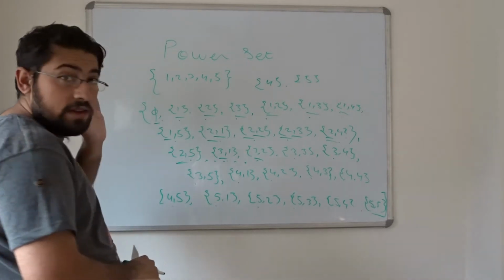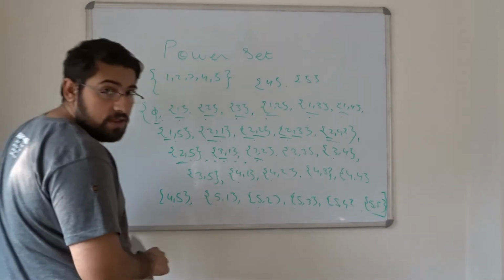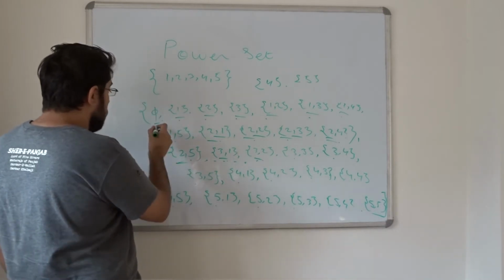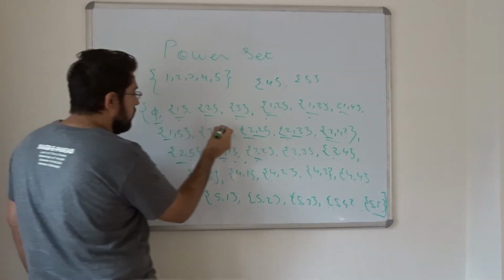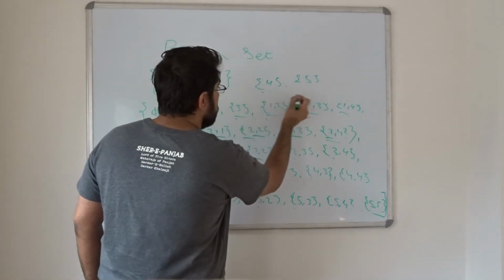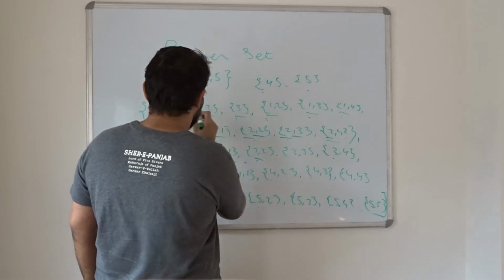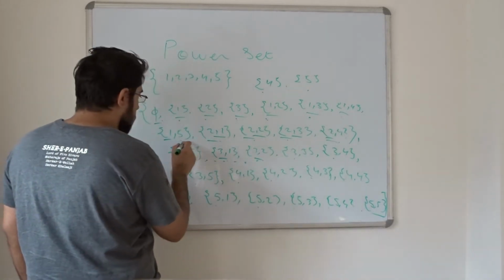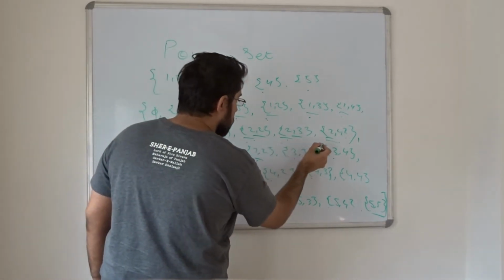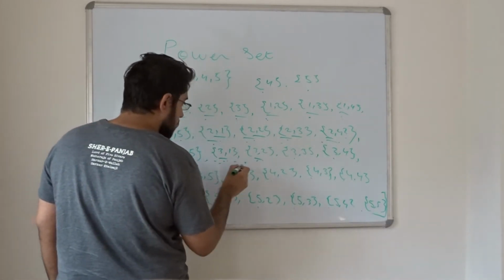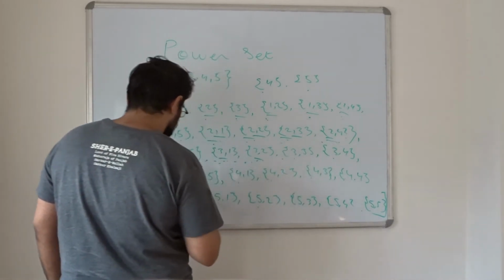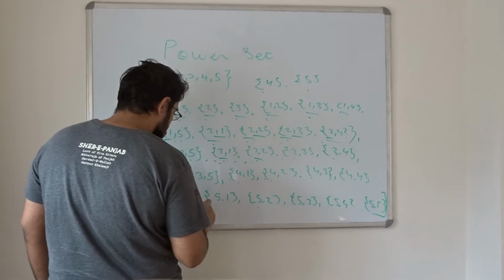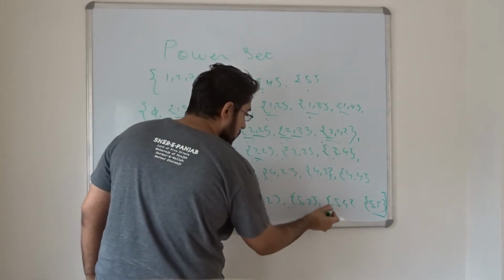It can be possible. But guys, there are 32 subsets. That's one thing I can tell you. So, let's just do it. Let's count: 1, 2, 3, 4, 5, 6, 7, 8, 9, 10, 11, 12, 13, 14, 15, 16, 17, 18, 19, 20, 21, 22, 23, 24, 25, 26, 27, 28, 29, 30.